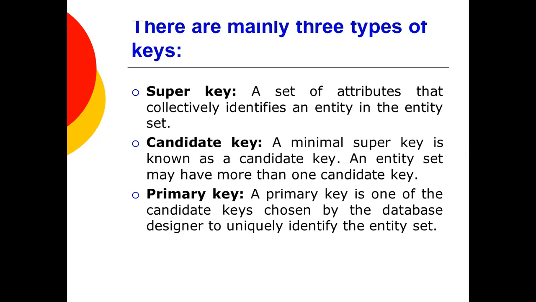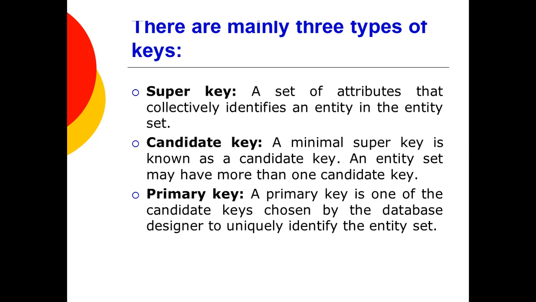A set of attributes that collectively identifies. Suppose I give you the example of a college, university or polytechnic. We can say that the college name, or the university or polytechnic, will act as a super key, because it consists of a number of entities. Entities here means employees, students and others.